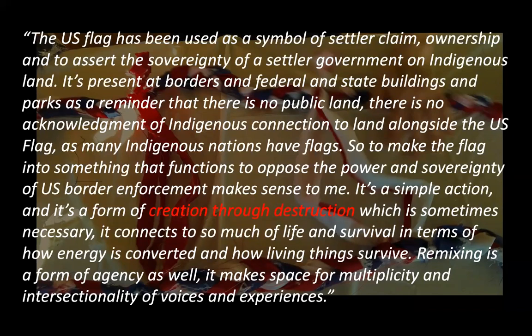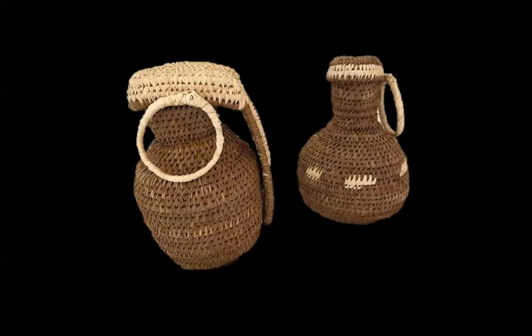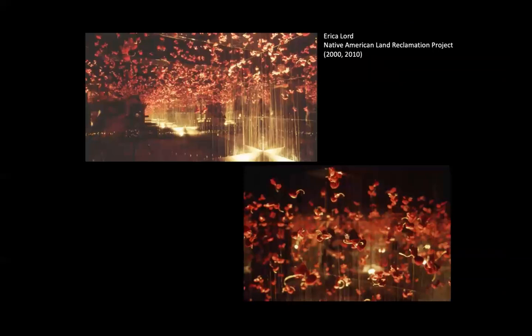Merritt Johnson is also known for weaving bomb-shaped baskets filled with corn kernels, visual reminders that indigeneity is a weapon against colonialism. And multiracial Athapascan artist Erica Lord also creates through destruction in her American Land Reclamation Project. It's an installation that explores the repetition of broken treaties.